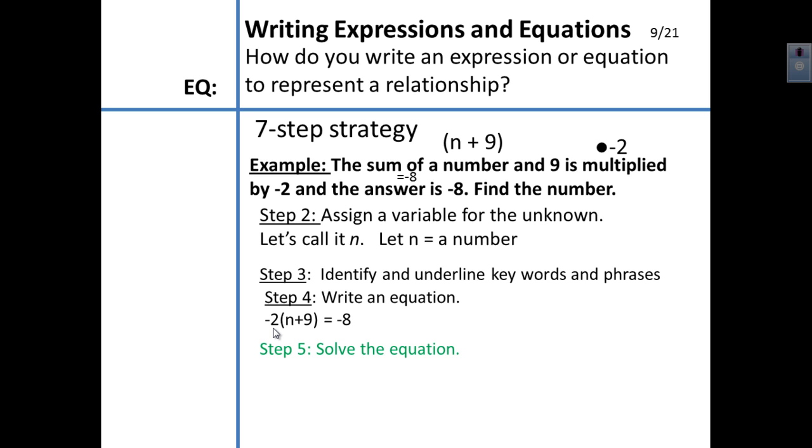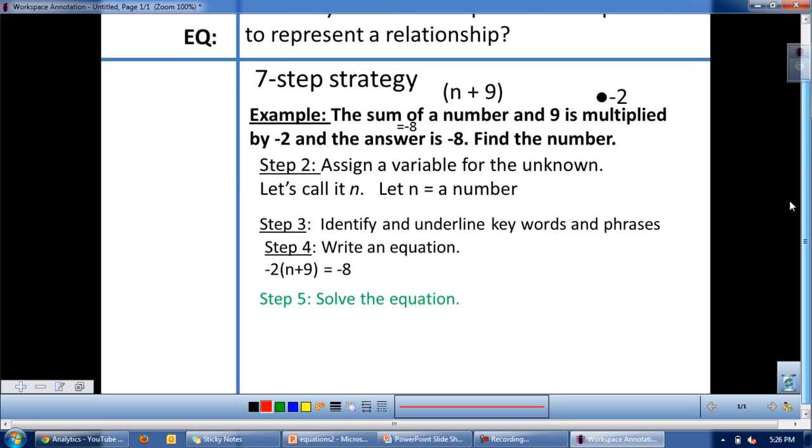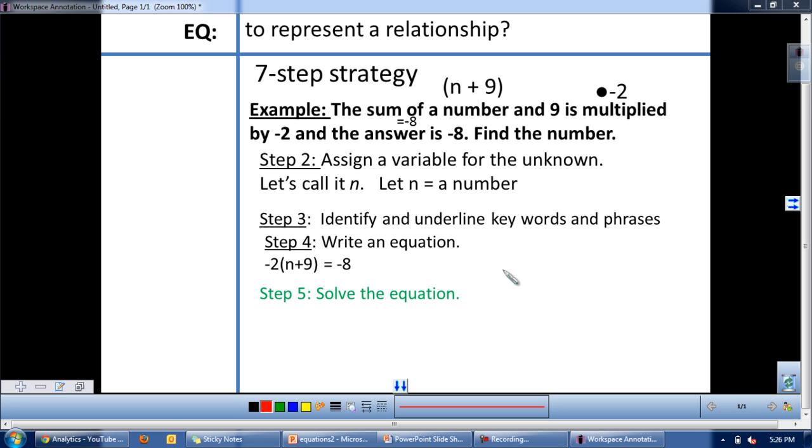Give me a second to get my notes ready. All right, so make sure that you're working this out with me. By now, hopefully you are more familiar with solving equations. I'm going to copy down the equation. You have -2 times the quantity of n plus 9 equals -8.